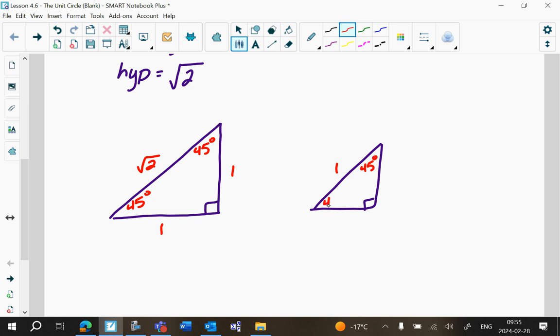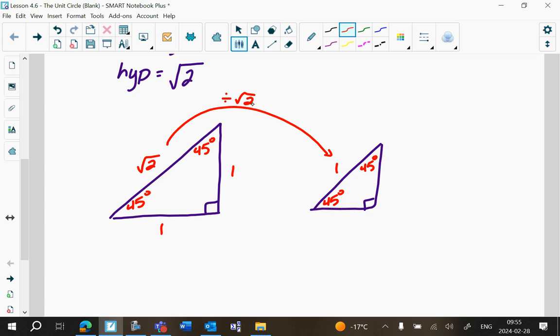So how do I convert from this to this? Well, this is proportionally smaller than this. So what would you divide this by to get 1? Root 2. Root 2 divided by root 2 is 1.